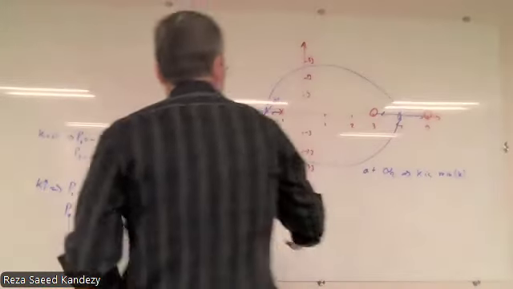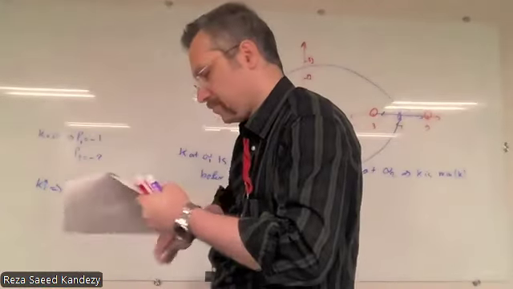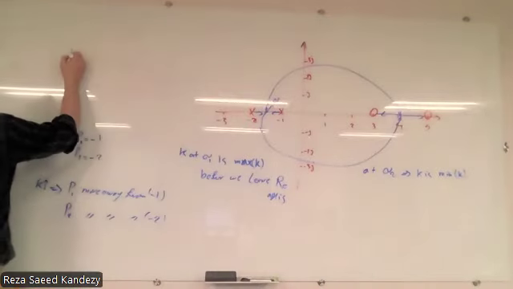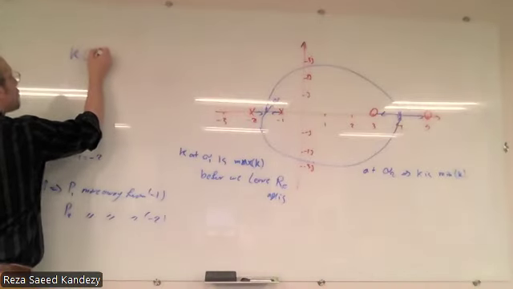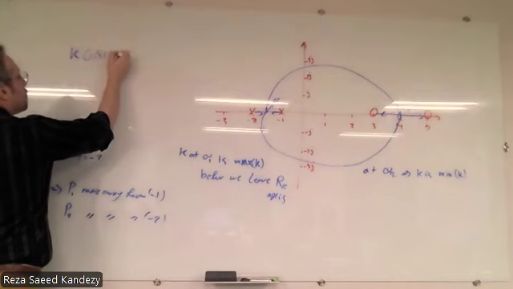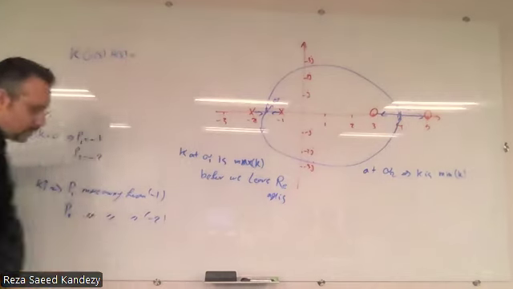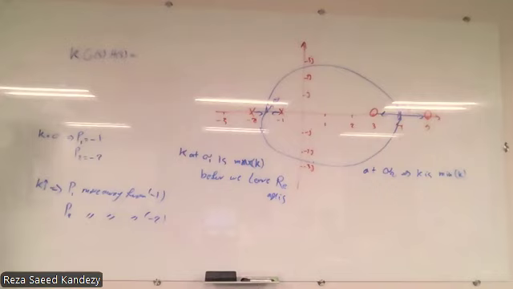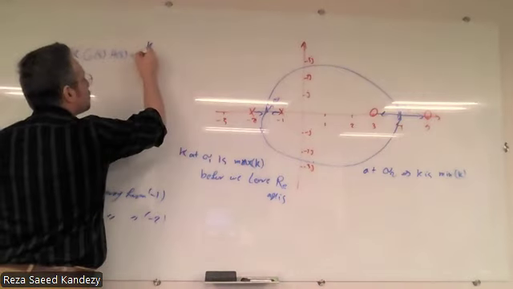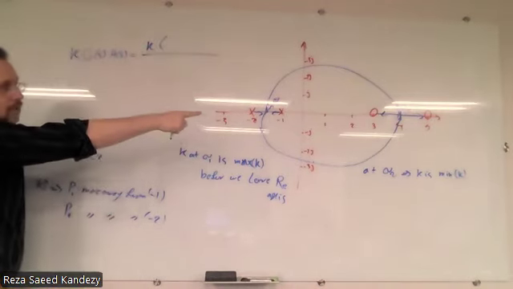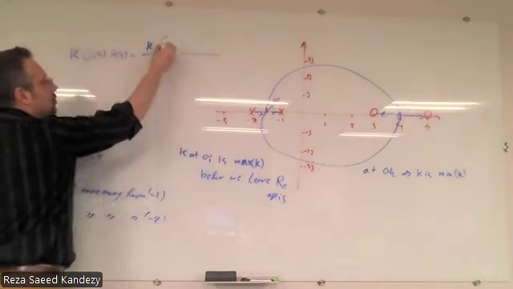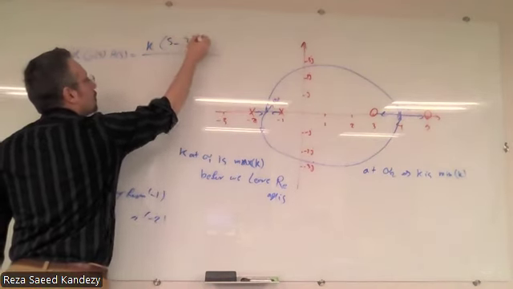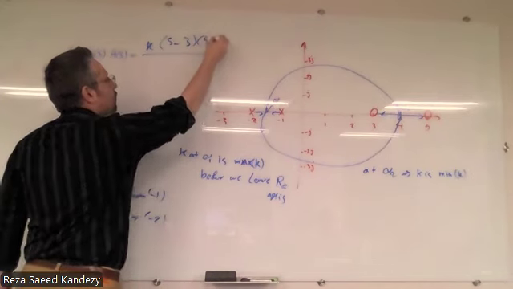Now, the function K G of S, H of S, for this specific example, is going to be K times (S minus 3)(S minus 5), because the zeros are 3 and 5.